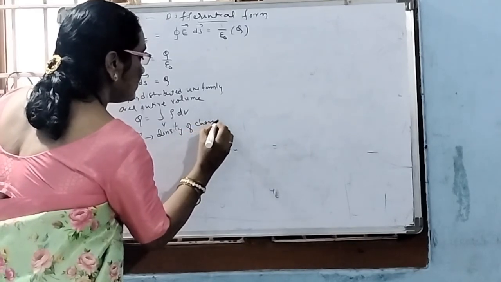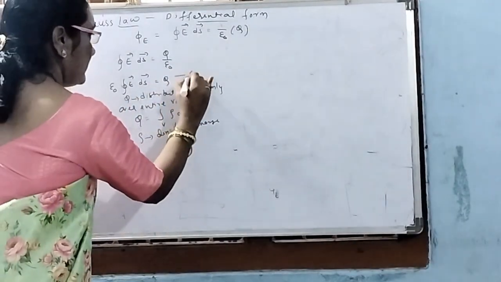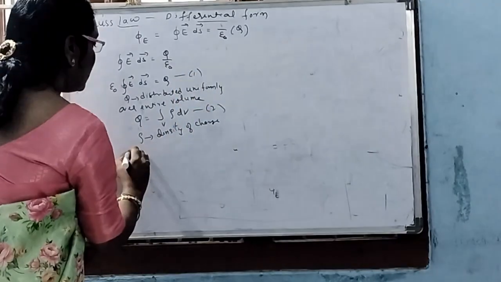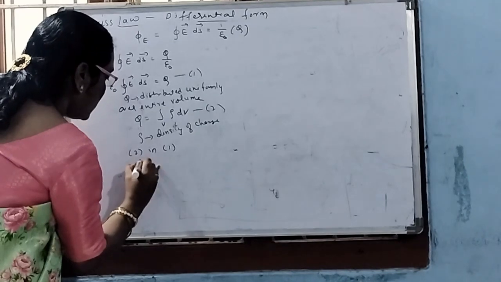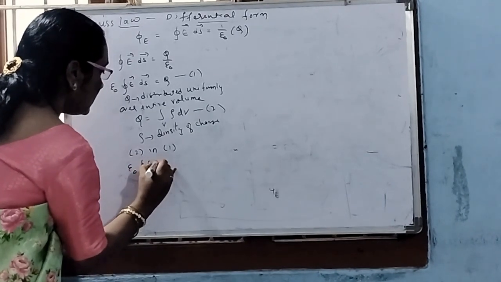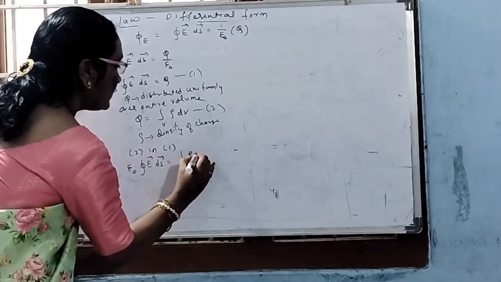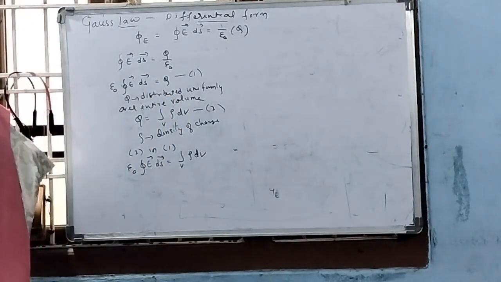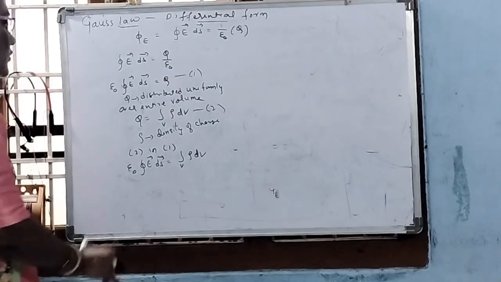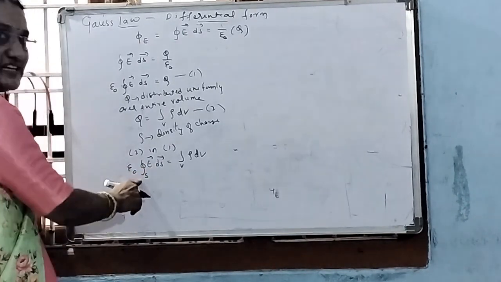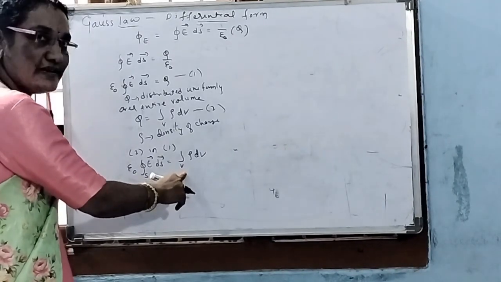Now substitute this value in equation 1. Epsilon naught integral E dot ds is equal to volume integral rho dV. Now, this is a surface integral and this is a volume integral.